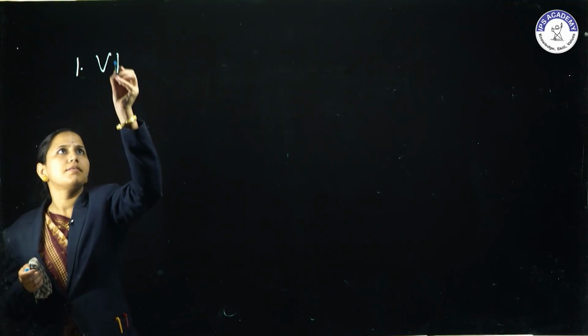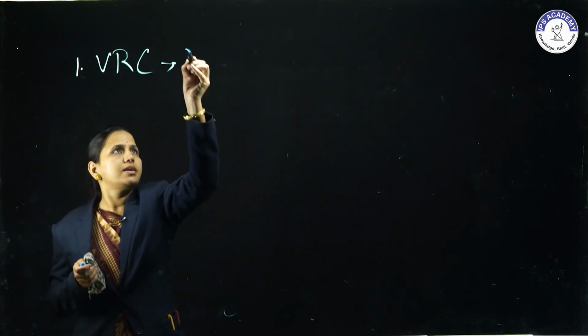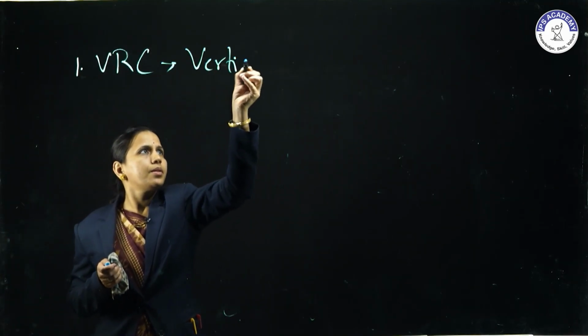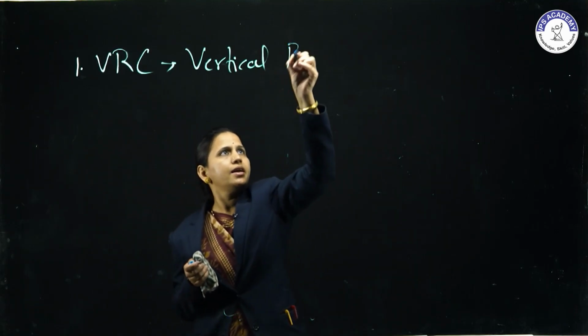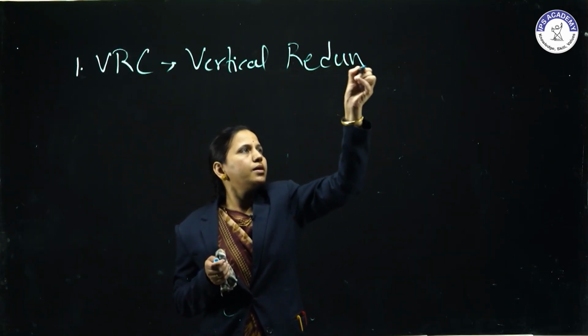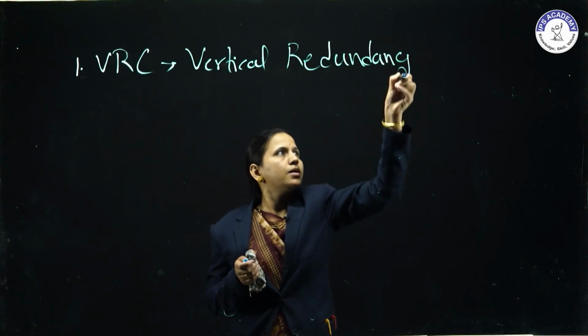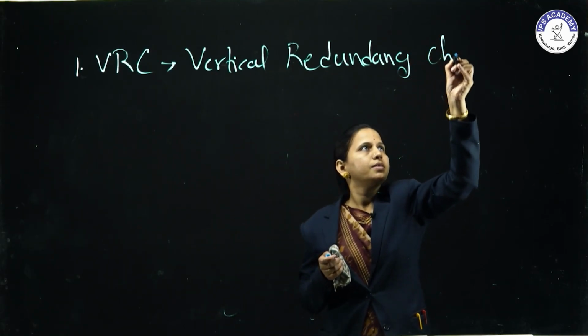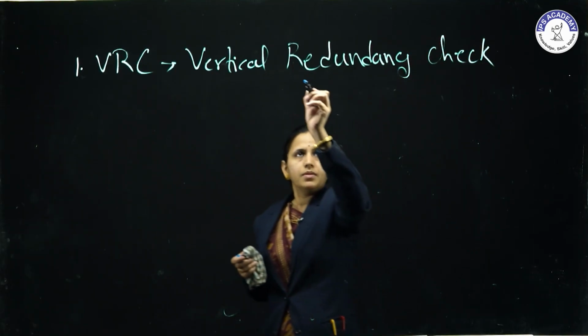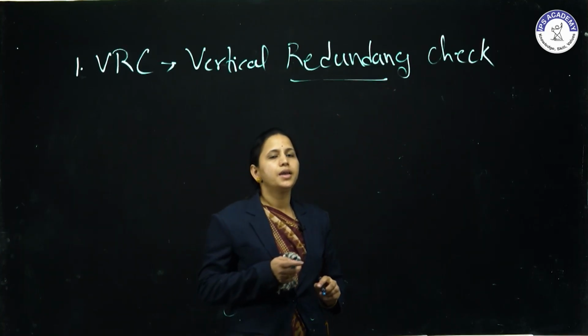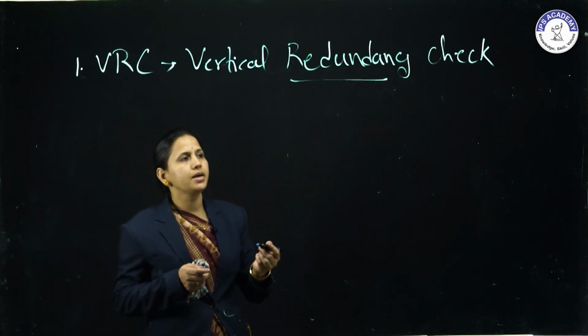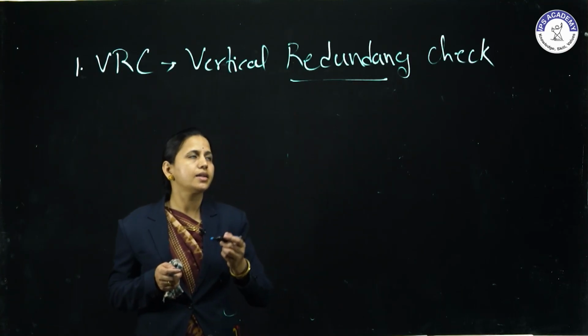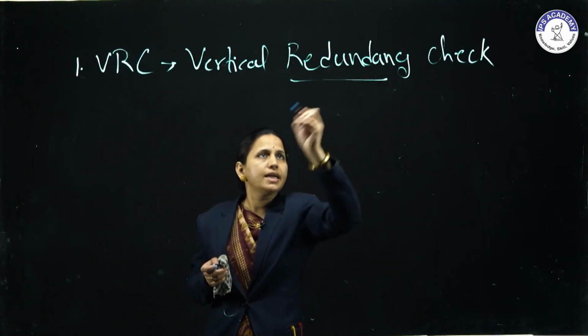First one is VRC, vertical redundancy check. Redundancy means using some extra bits with the data for transmission purposes.